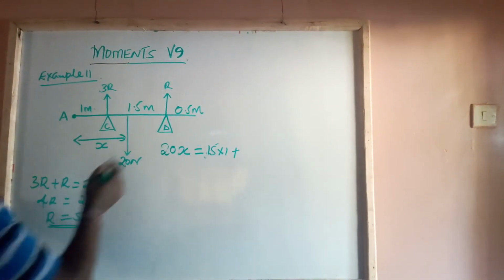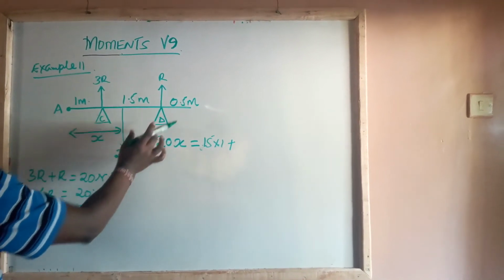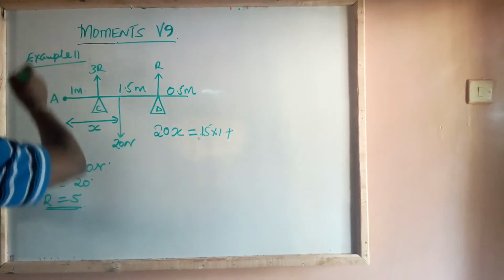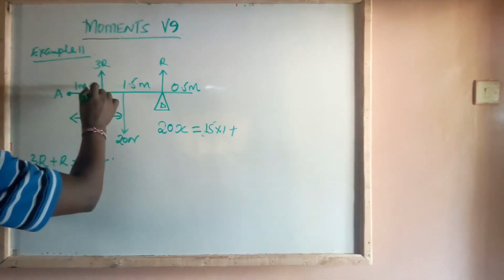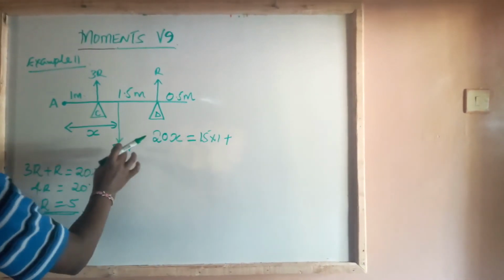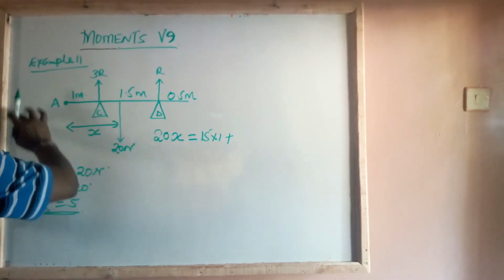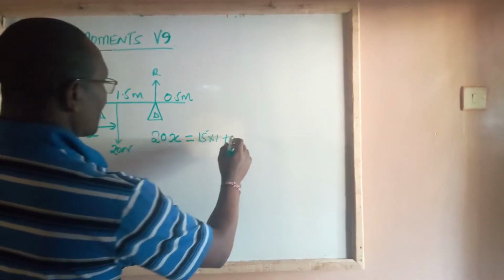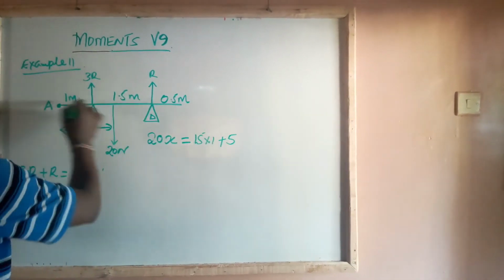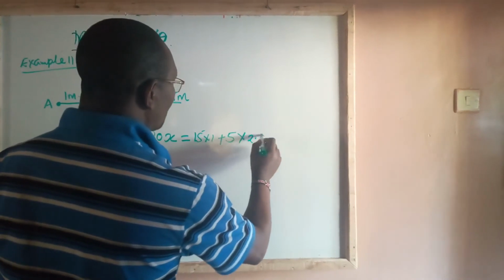The moment about A affected by this R, which is 5, is also anticlockwise. They both combine to balance the moment about A affected by 20 newtons, which is clockwise. So we're talking about 5, because this R is 5, multiplied by what distance? 1 plus 1.5, times 2.5.